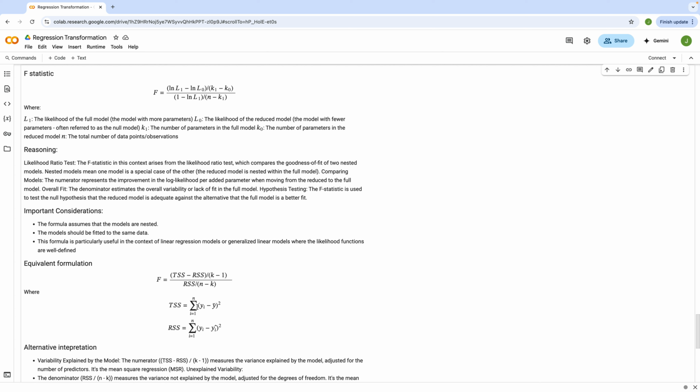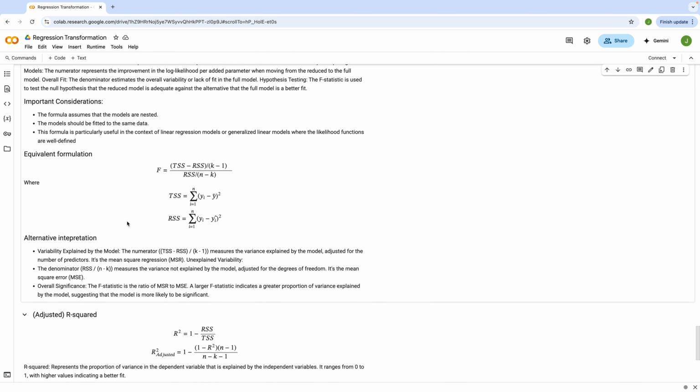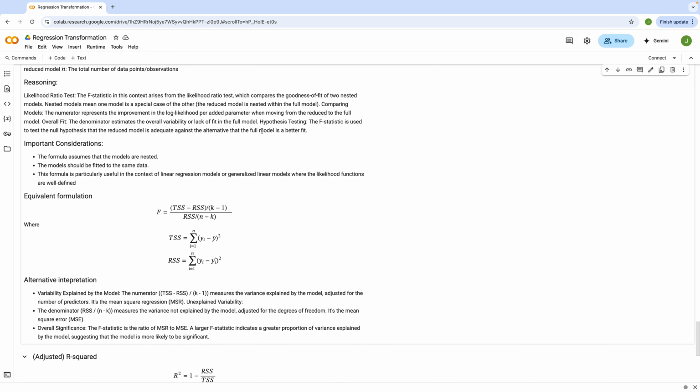So here, this TSS is just the variability in the y. It's the observation minus the average. The RSS is going to be the observed value minus the predicted value. Then there's an important thing to consider here, which is that this can be used for hypothesis testing.